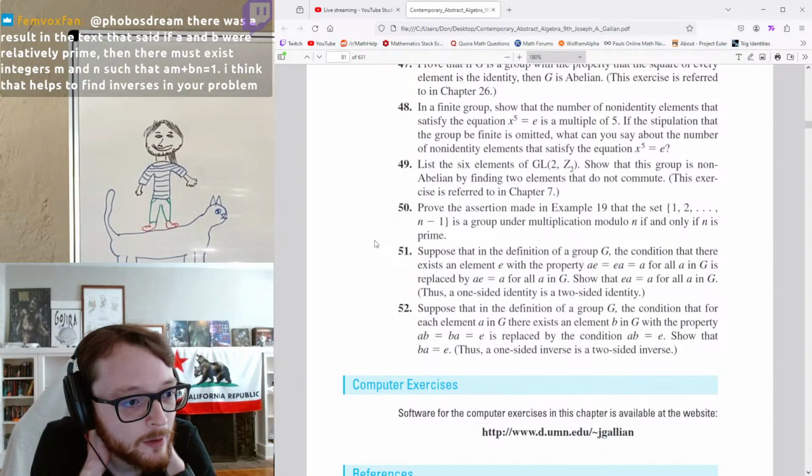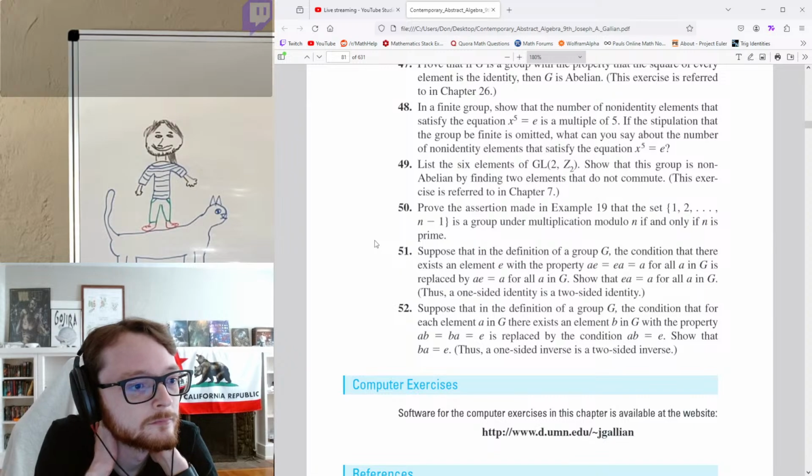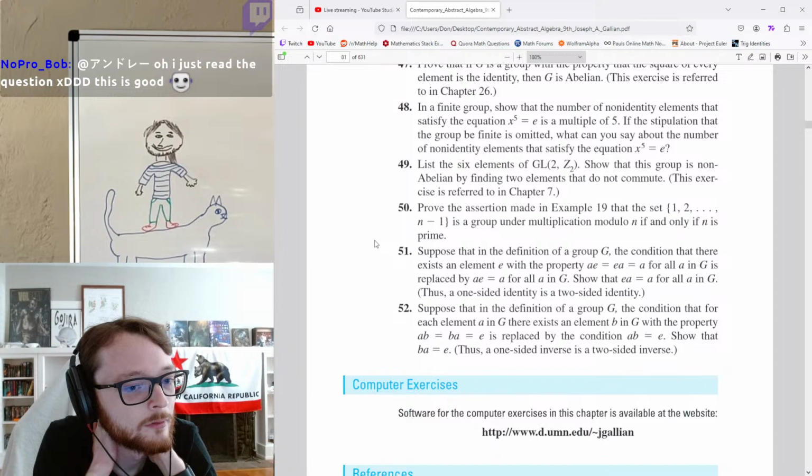A and b belong to the set 1 to n, but 0 equals ab mod n does not. Oh, okay, so you're showing that you would not be closed if n is not prime.